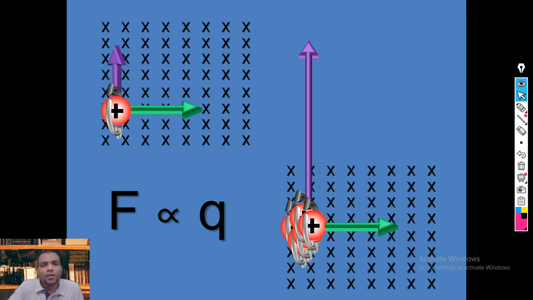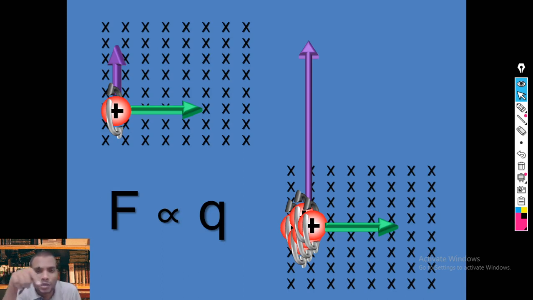So if the magnitude of the charge is more, the force is more. Clearly notice the vectors. Here the purple vector represents the force magnitude in the presence of the magnetic field. The cross indicates the presence of the magnetic field, which means the magnetic field is going into the screen.